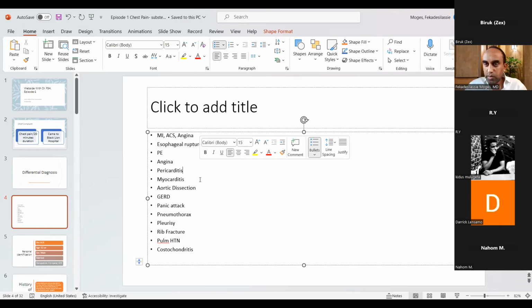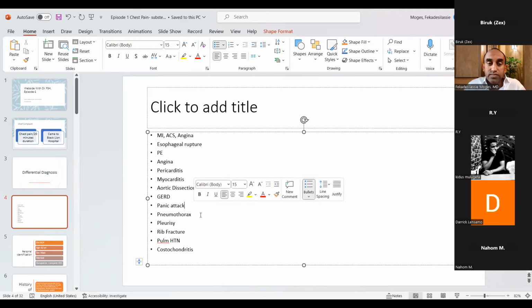It's a substernal chest pain. Gastroesophageal reflux disease presents with heartburn, and heartburn is described as a substernal chest pain. So it stays in the differential diagnosis. Like you said, it may not be as acute as this patient's presentation. We will see if it is going to stay in the differential.